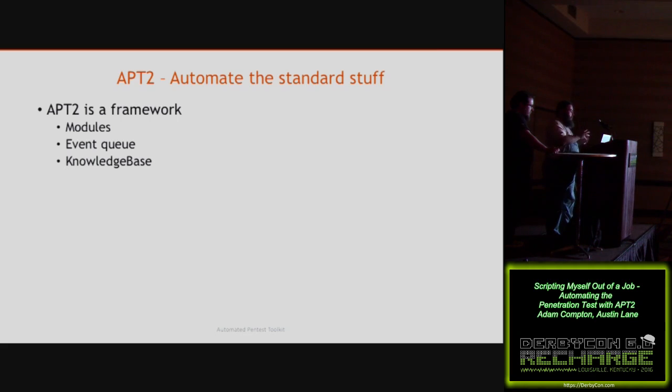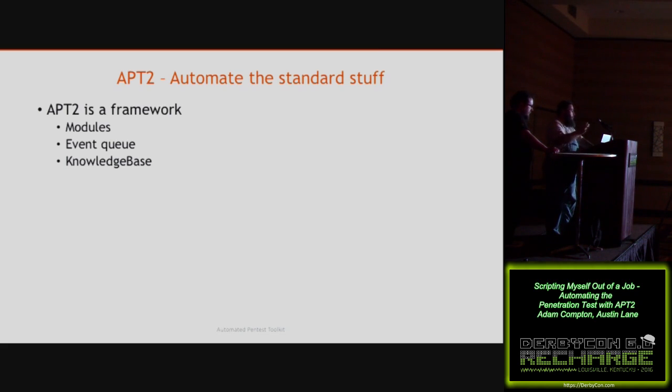Then you have the event queue, which says when certain actions should be run, when other ones shouldn't be, what are preconditions, postconditions. It's the real brain of the operation. Then you have the modules. Modules are the same as they are in any other large program. It's like your Metasploit modules, or your plugins for Nmap, or whatever. It's the modules for APT.